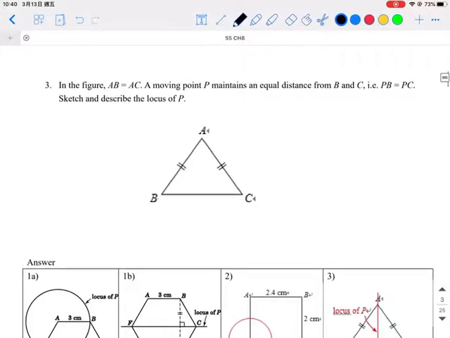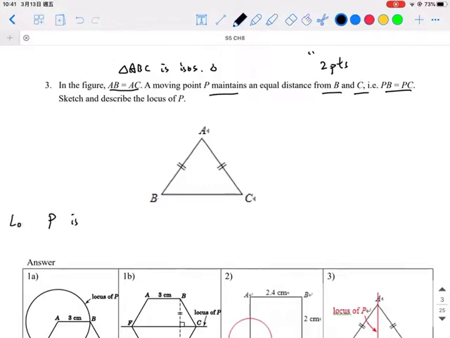For question number 3, in the figure AB is equal to AC, so ABC is an isosceles triangle, and P maintains an equal distance from B and C, so it's equal distance from 2 points, such that PB is equal to PC. Sketch and describe the locus of P. It should be the perpendicular bisector.